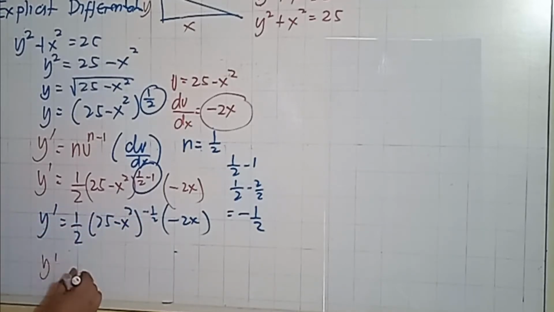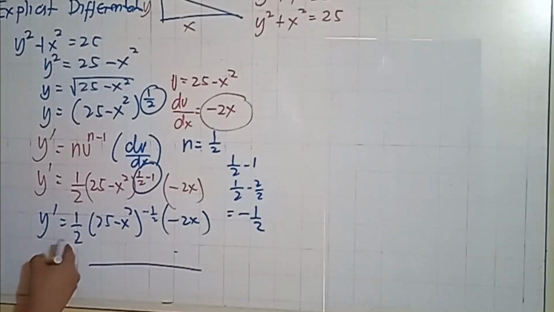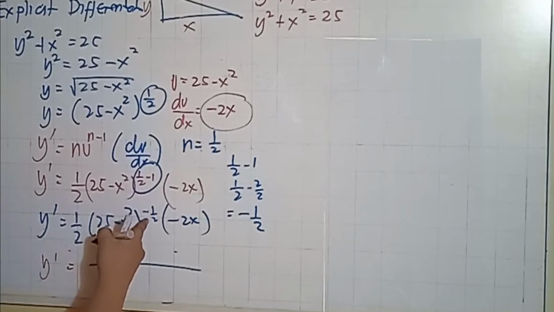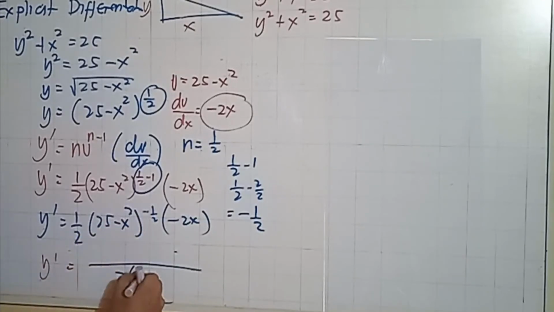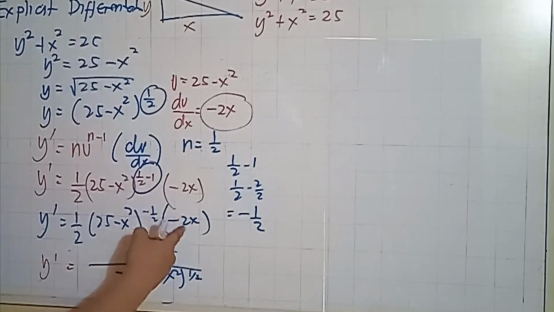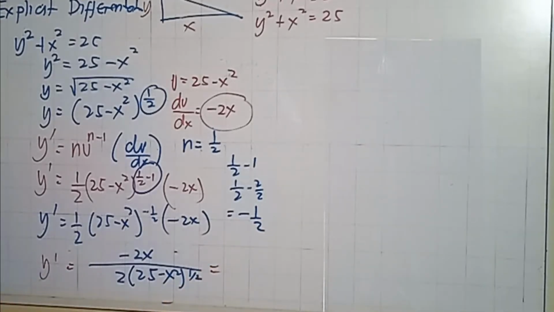So, y prime is equals to, nasa denominator is 2. Lilipat natin to sa denominator dahil this one is negative. 25 minus x squared raised to 1/2. Tapos, yung negative 2x, may iwan dito sa taas. So, ano mangyayari? Makakancel tong 2 and 2.